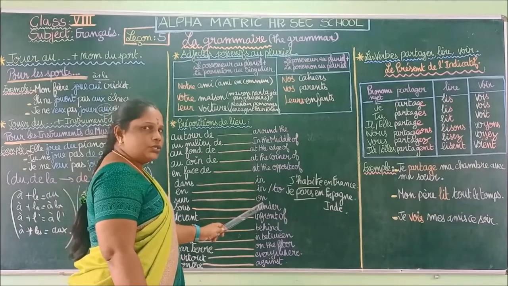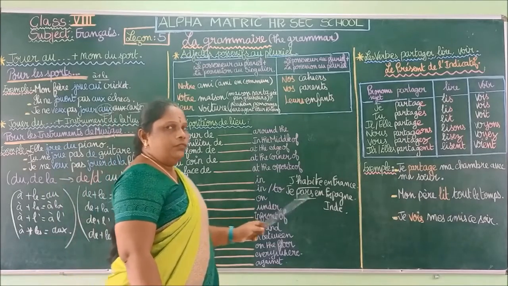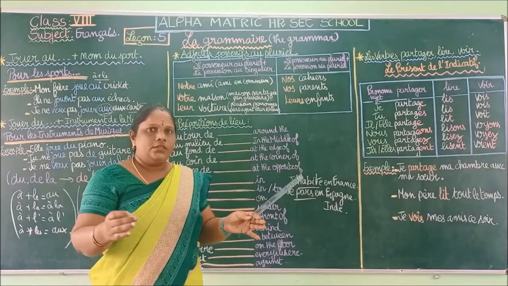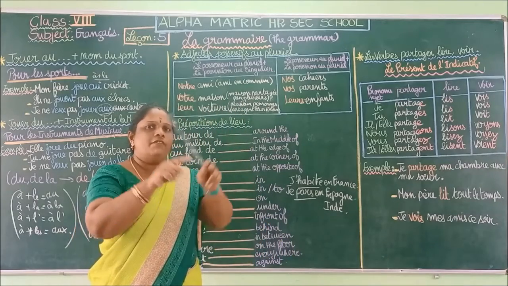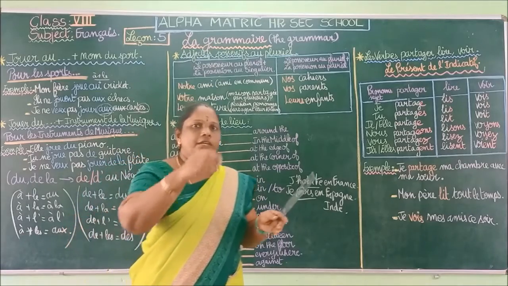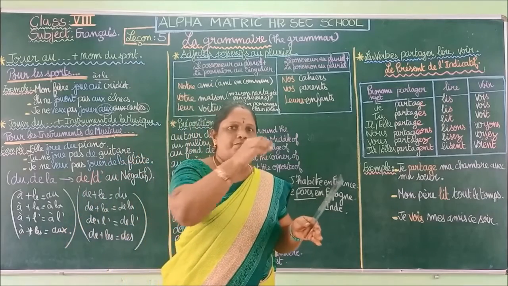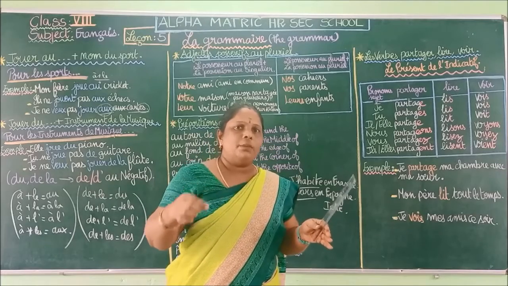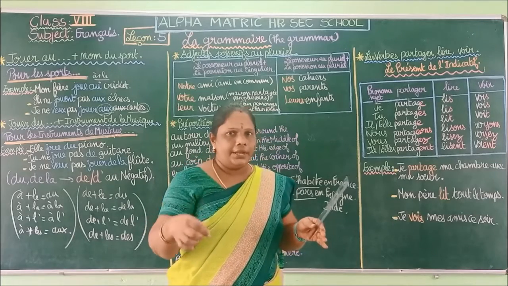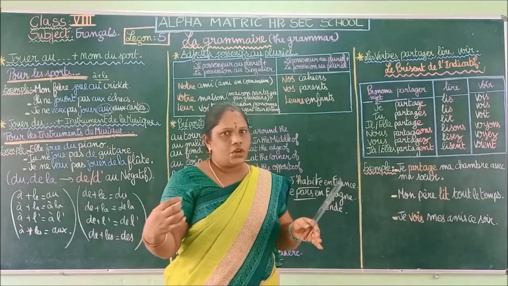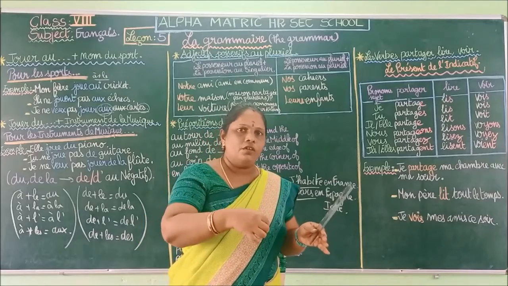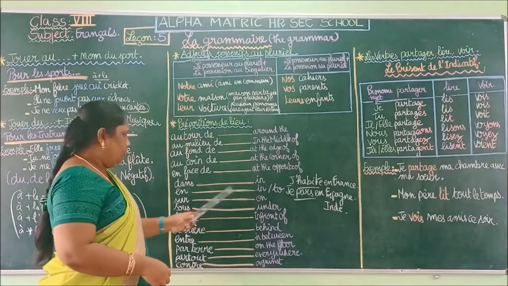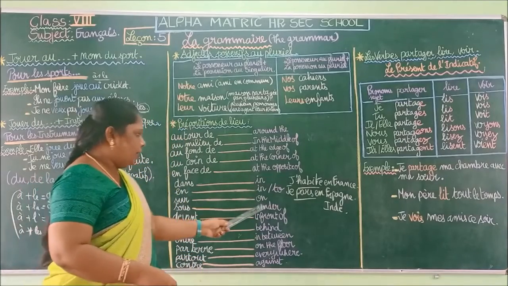So we saw also in last year's book, lesson number 6, the places, the prepositions of places. We have a box, we have a duck on the box, so we have to place the duck where it is and we are going to say the places. Okay, under, on, at the side of, at the right of, in the middle of. So that is the thing that we are learning again. Sur means on.